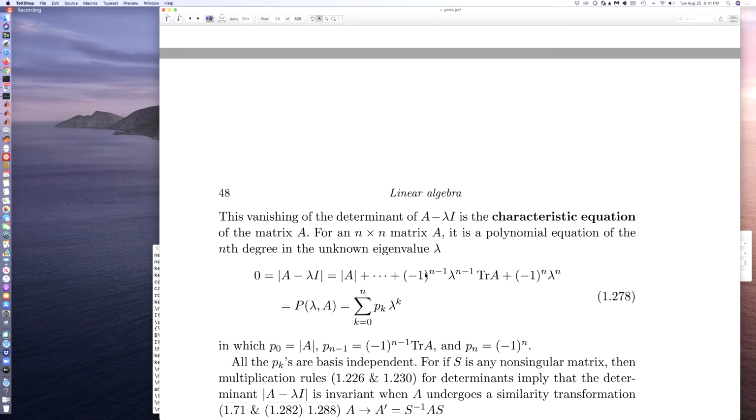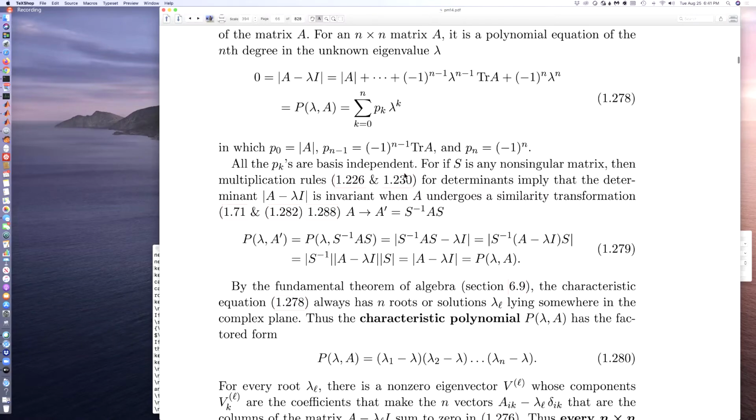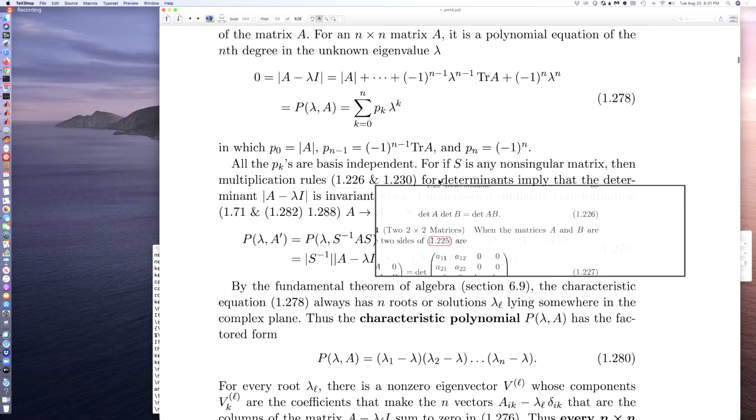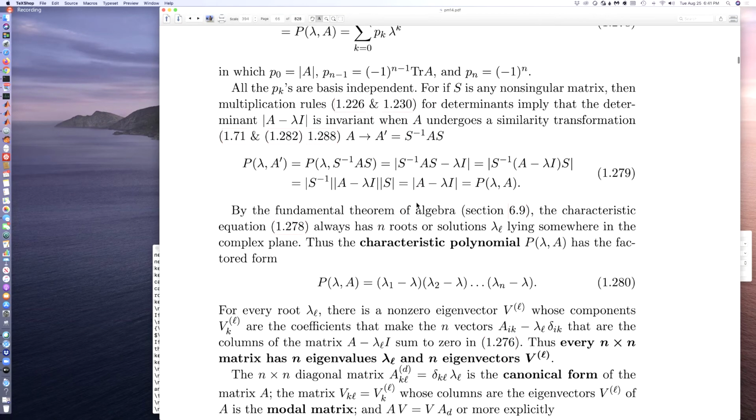All the other coefficients of lambda are also invariant functions of the matrix A. They're basis independent. Actually, the whole proof is here, and instead I just did it in my head.